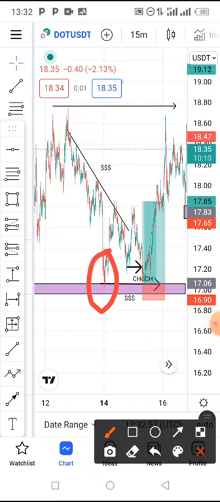Another confirmation on this trade is this area of liquidity here, because we had this trend line down to this place, and this trend line down here, there are orders lying at this point, which make this place a zone of liquidity.